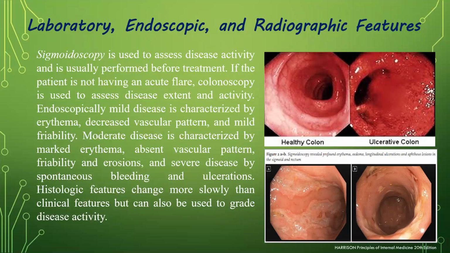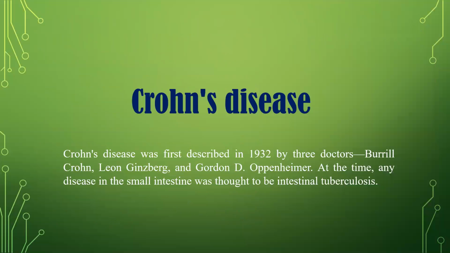Moderate disease is characterized by marked edema, absent vascular pattern, friability, and erosions, and severe disease by spontaneous bleeding and ulceration. Histological features change more slowly than clinical features, but can also be used to grade disease activity.